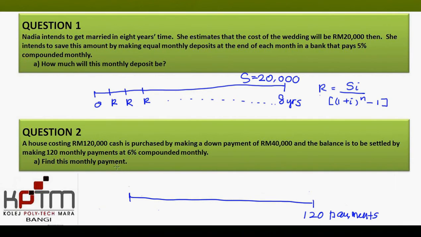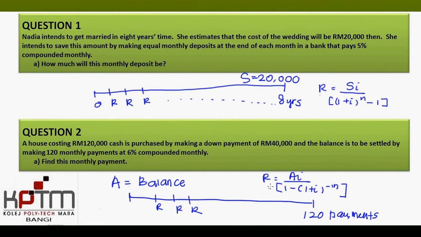As we know, the loan is the present value of the annuity. So the loan is the balance, and R is the monthly payment. That's why we use R equals Ai over 1 − (1 + i)^(−n) to find the monthly payment.